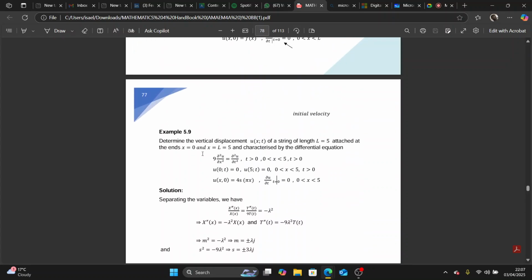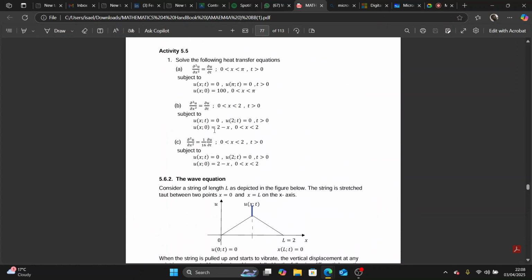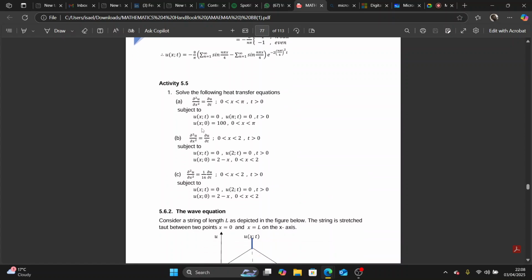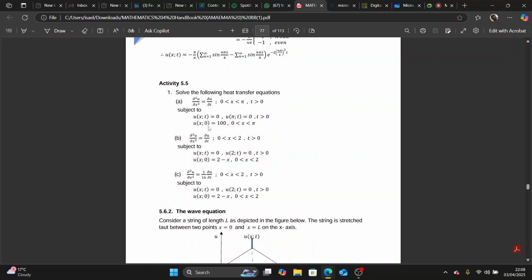No, I'm not seeing the heat. Should I check the other book? Because there are two books apparently. No, this is it. This is the heat equation. Do you see it? What is the function in this case?